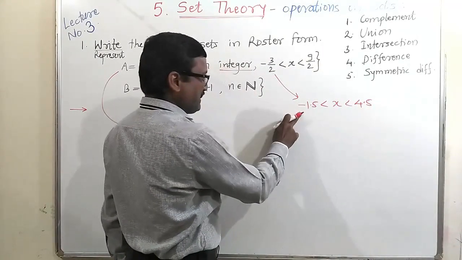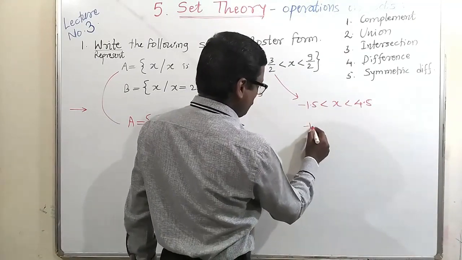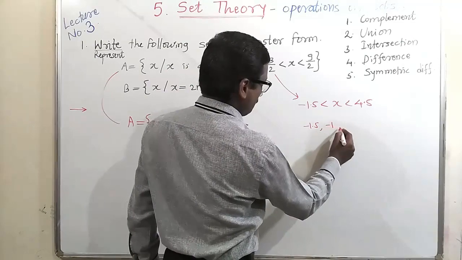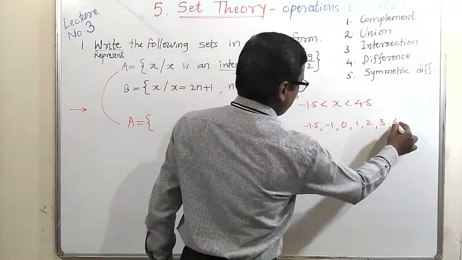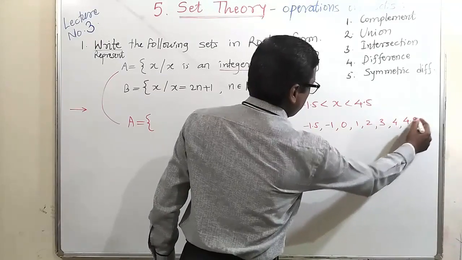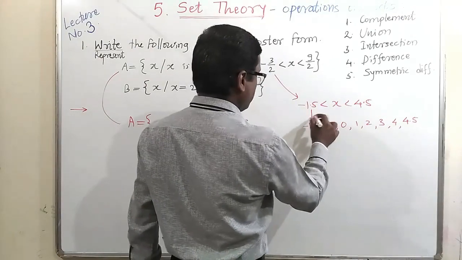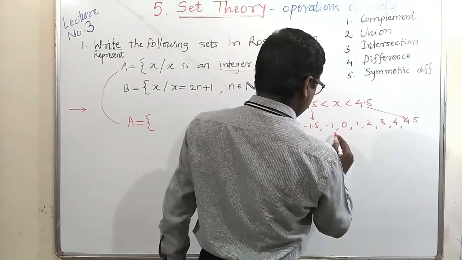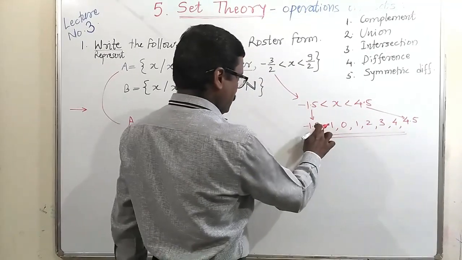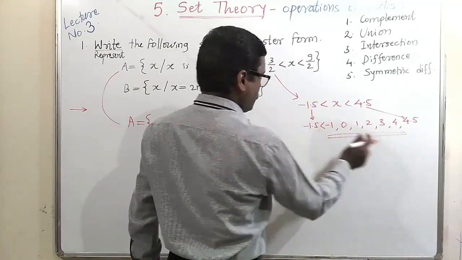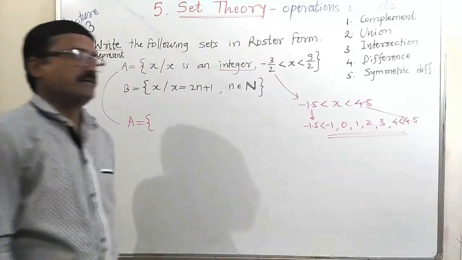So the integers greater than minus 1.5 are minus 1, 0, 1, 2, 3, 4, and then there will be the number 4.5. So these are those given numbers, and these are the integers between these two. These integers are greater than this and less than 4.5.